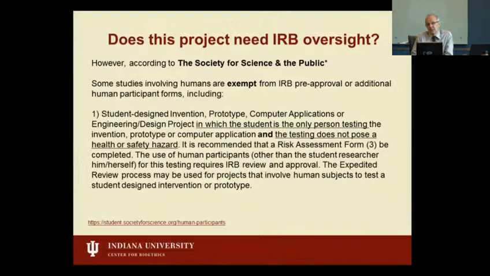They suggested some studies involving humans are exempt. In this case, one of their lists is student designs, inventions, prototypes, and computer applications or engineering design projects in which the student is the only person testing the invention, prototype, and the testing does not pose any health or safety hazard.